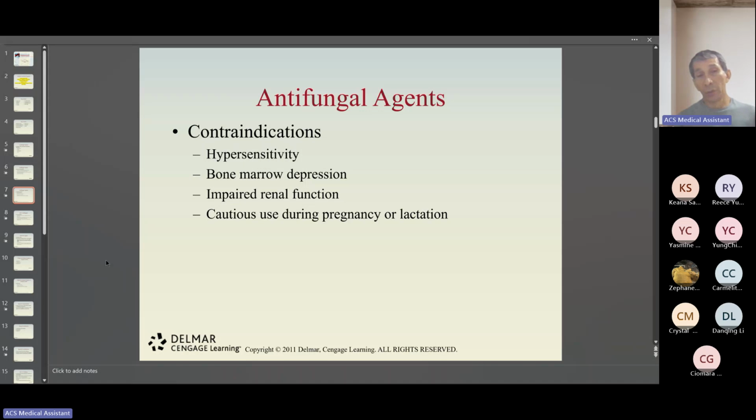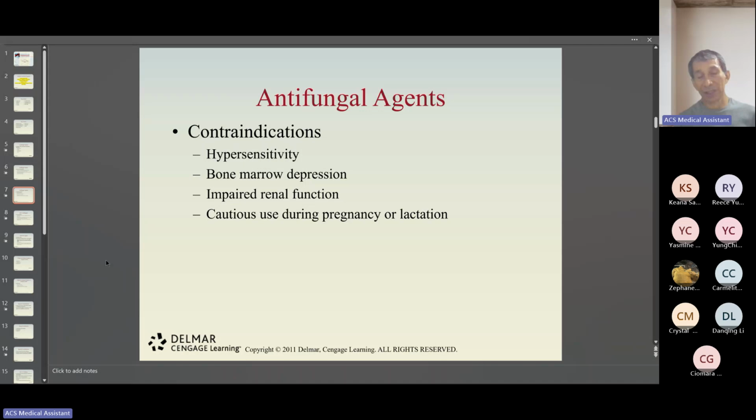Now remember, some of the warnings on certain medications are: keep this medication away from the reach of children. That's number one. The second one is, if you are pregnant, this particular trimester or whatever else, you should be very careful and follow the medical doctor's orders or guidelines.